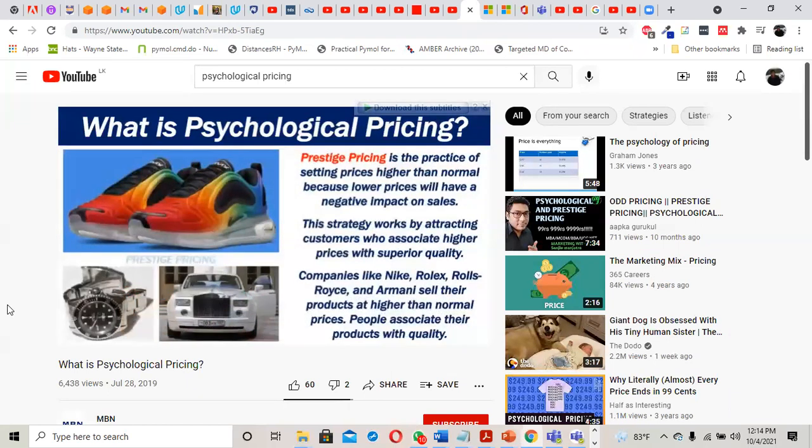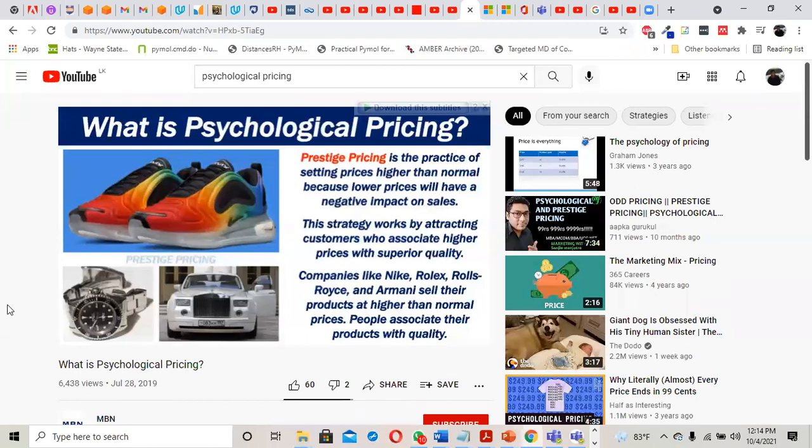Prestige pricing is the practice of setting prices higher than normal because lower prices will have a negative impact on sales. This strategy works by attracting customers who associate higher prices with superior quality. Companies like Nike, Rolex, Rolls-Royce, and Armani sell their products at higher than normal prices.